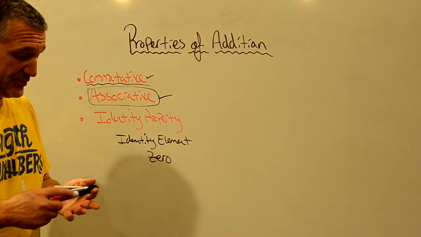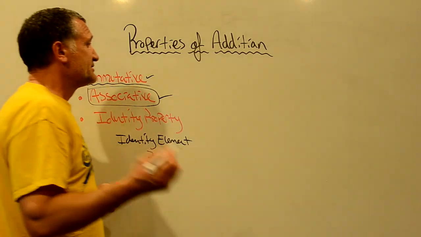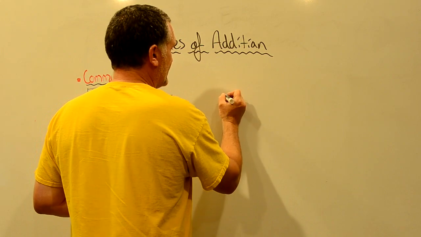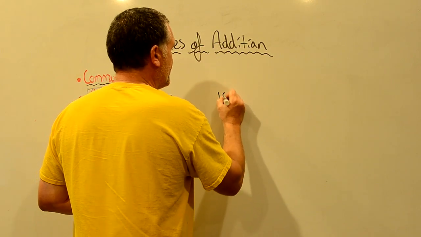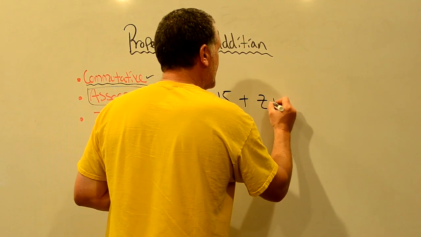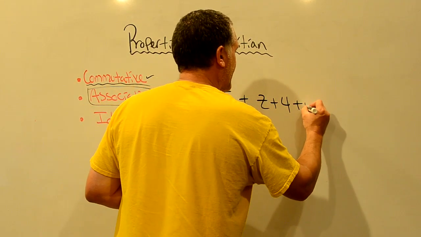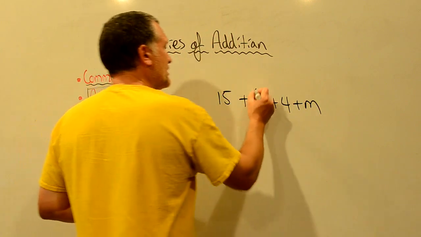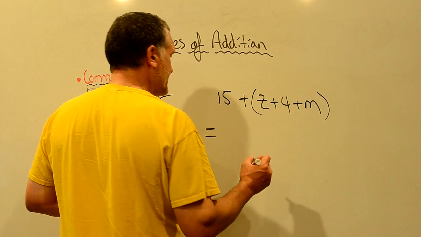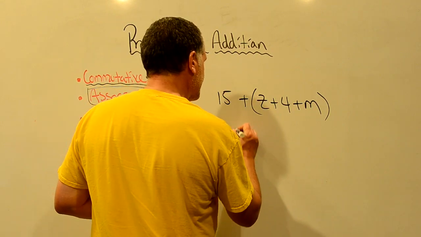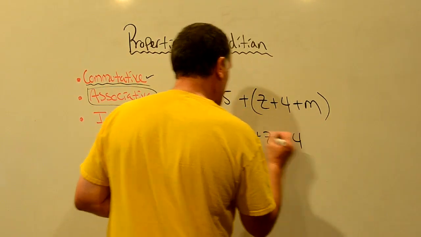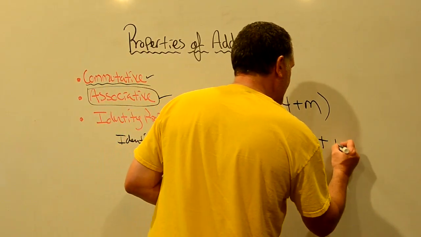Okay, last example. We'll throw one more up here. So let's say, for example, you see in IXL a statement that gives you 15 plus z plus 4 plus m, and that is restated as 15 plus z plus 4 plus m with different grouping.